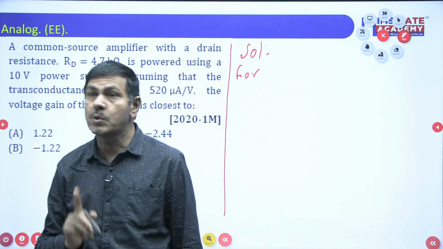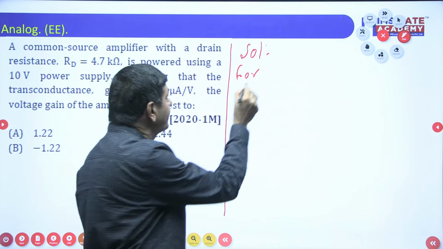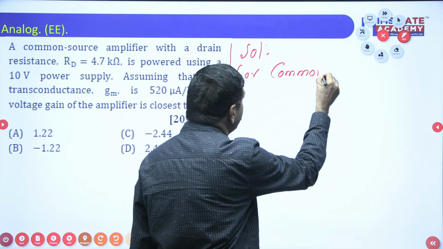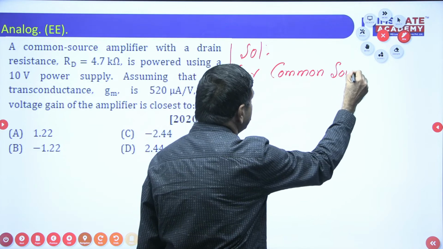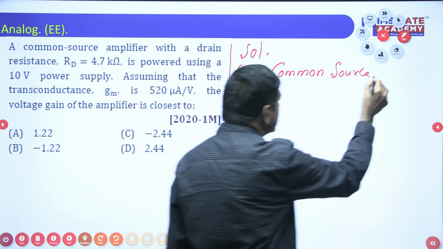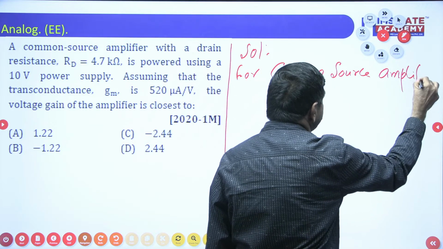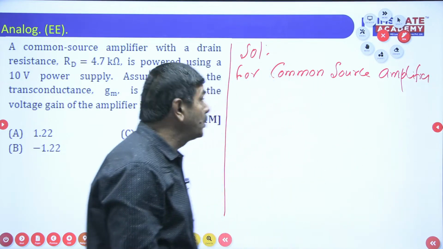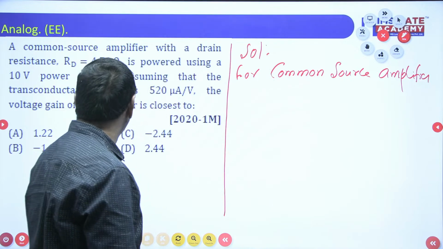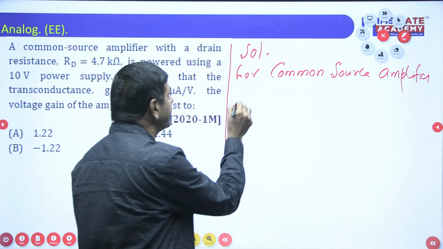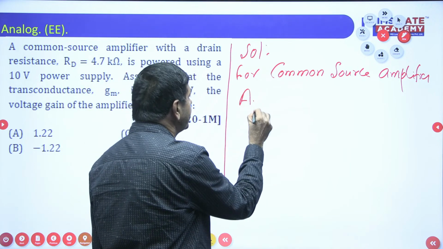For common source amplifier, the voltage gain is given by the symbol AV.